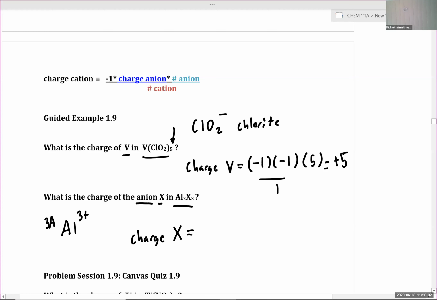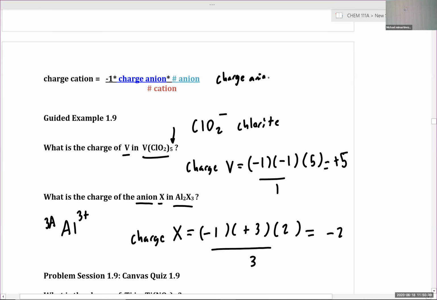So the charge of X is equal to -1 times the charge of our cation, which in this case is +3, times the number of cation, in this case, which is 2, over the number of anion, which is 3. And that in turn gives us a charge of -2. The way that we got this equation is by rearranging our given equation to solve for the charge of our anion.